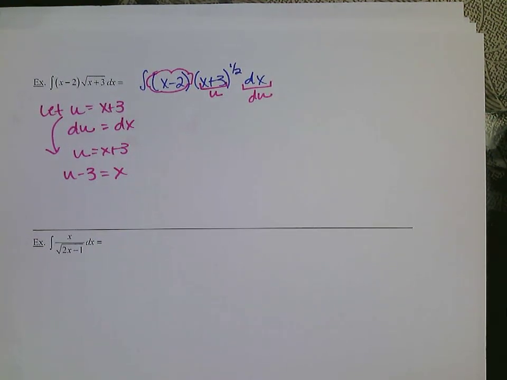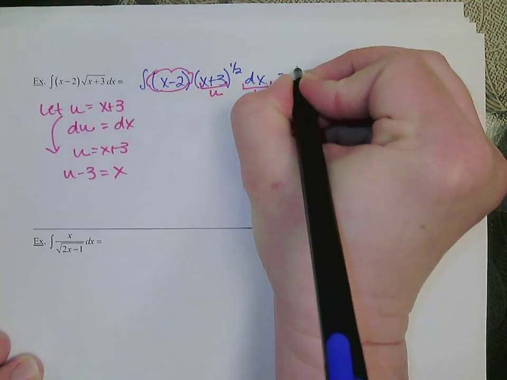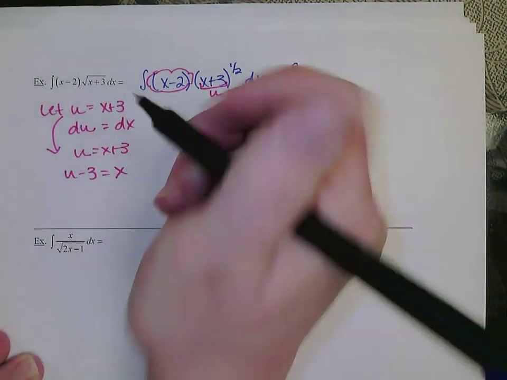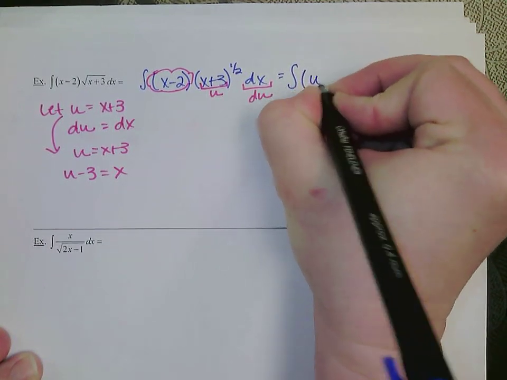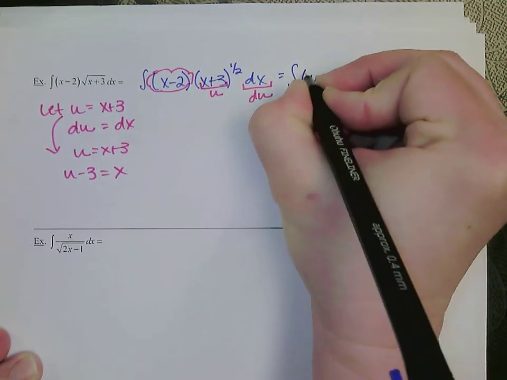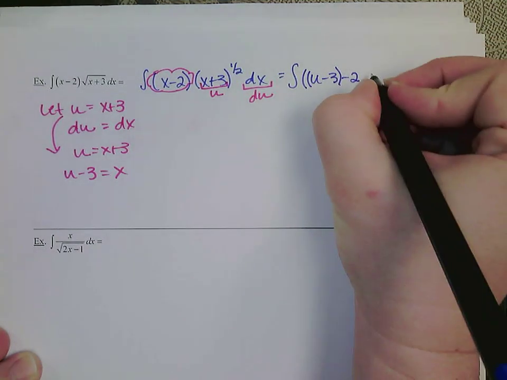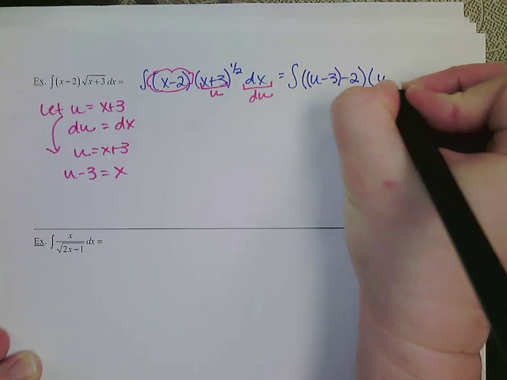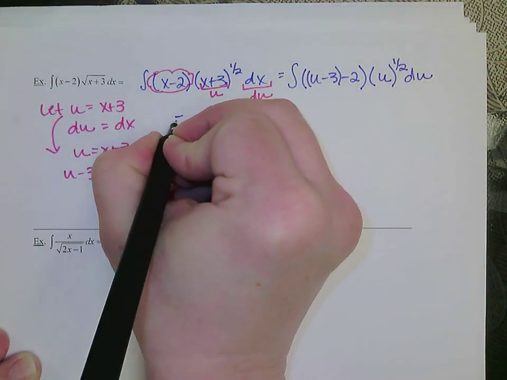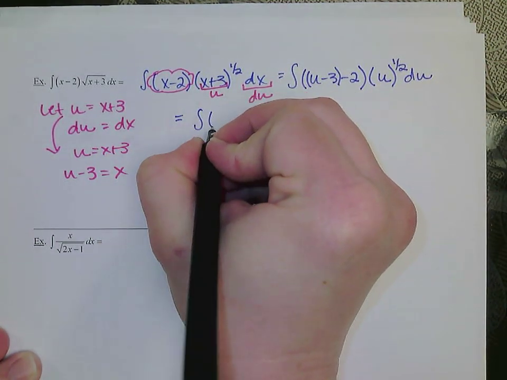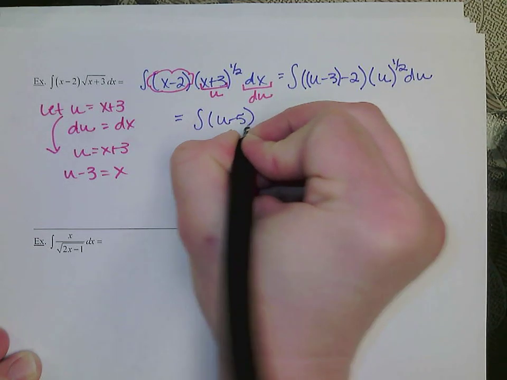So we can substitute u minus 3 in place of this x. So we have u minus 3 minus 2 times u to the 1/2 du. So we have u minus 5 times u to the 1/2 du.